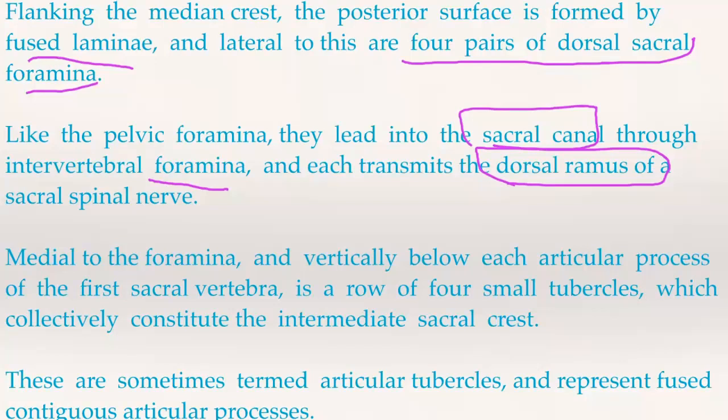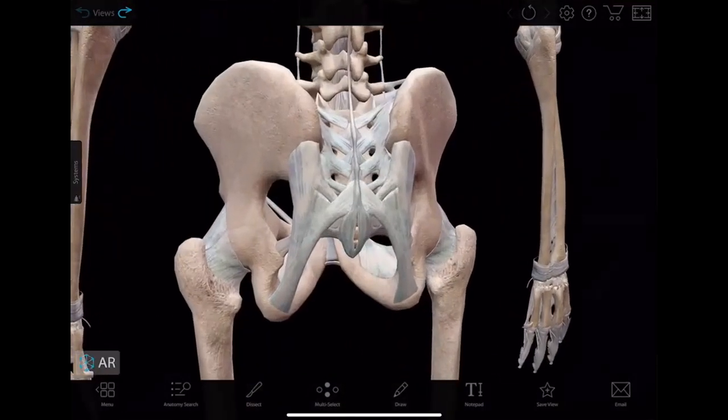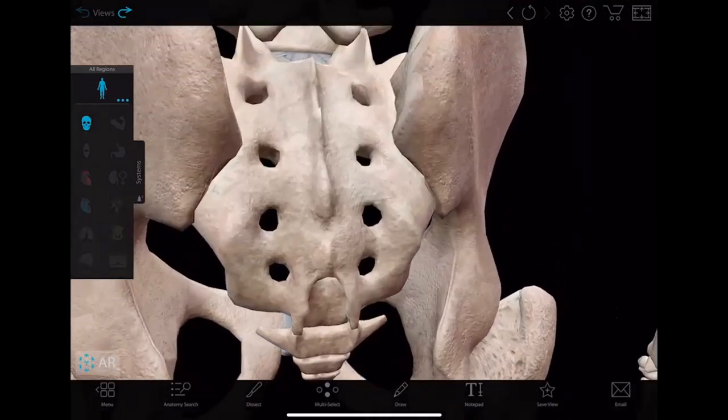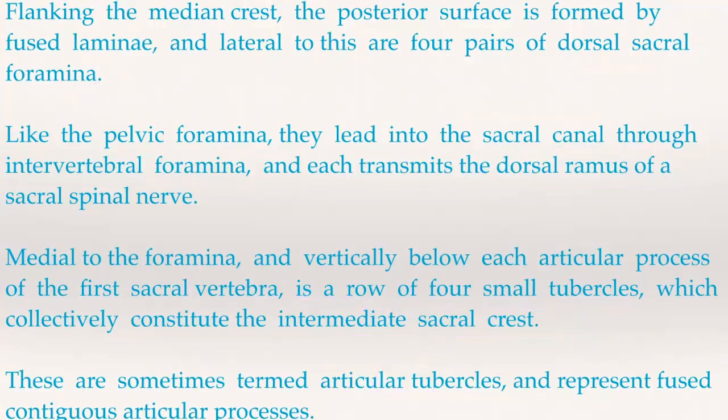Medial to the foramina, vertically below each articular process of the first sacral vertebra is a row of four small tubercles, which collectively constitute the intermediate sacral crest, right? You see that, this is the intermediate sacral crest. Here it is not so well represented. These are sometimes termed articular tubercles and represent fused contiguous articular processes.